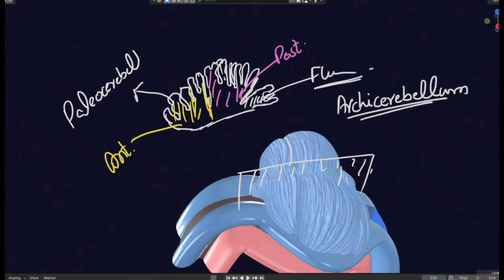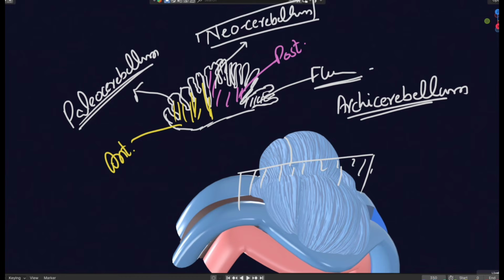It is somewhat advanced in the evolutionary stage, and then the most advanced one is the posterior lobe, which is the neocerebellum. Neocerebellum is most advanced, and it is related with fine motor control and coordination at a very fine level.